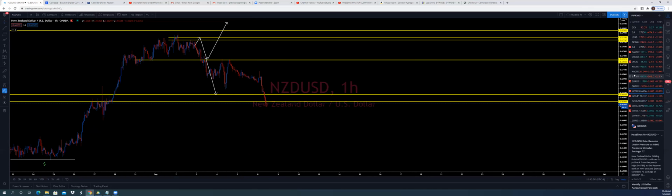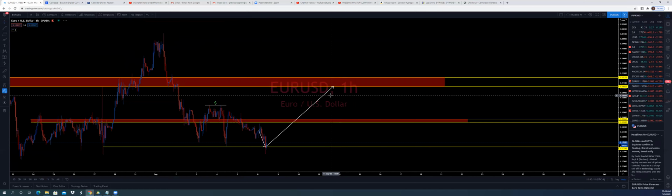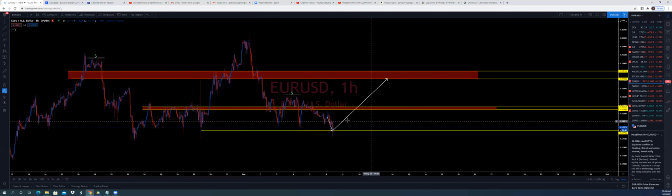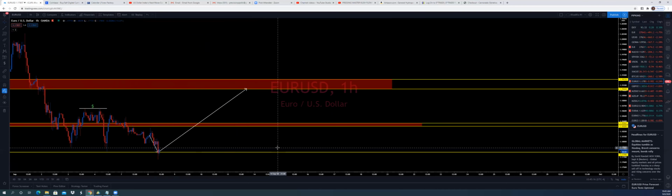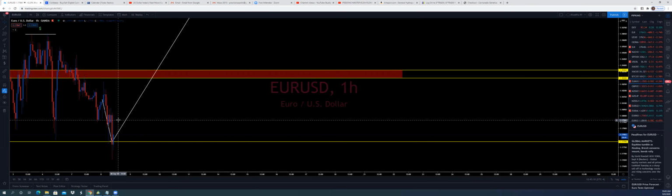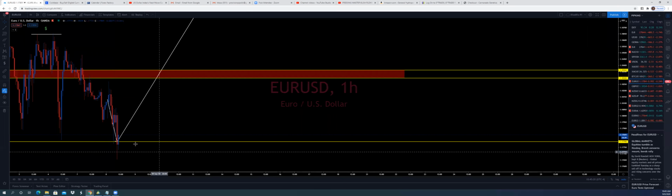And so what I'm looking for from the 3 currency pairs that we trade is, like I told you guys last night, I want to see how price reacts to this price level. As we can see, we're getting a bullish reaction off of it.